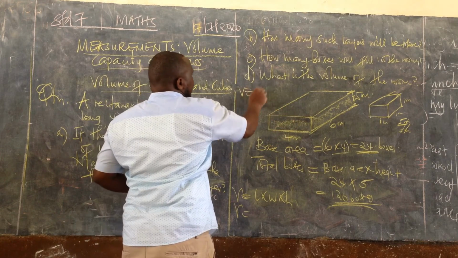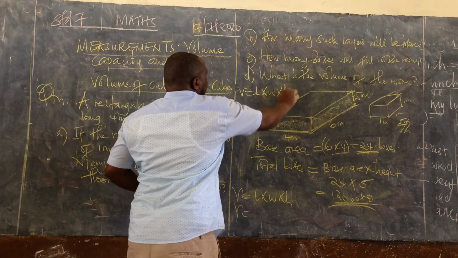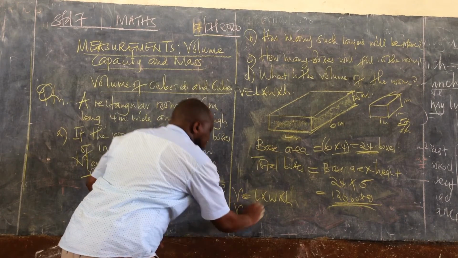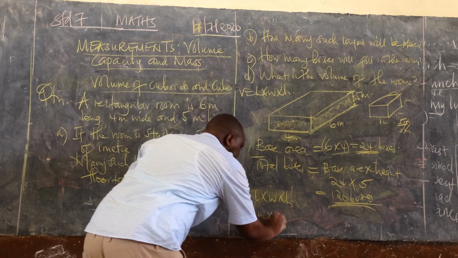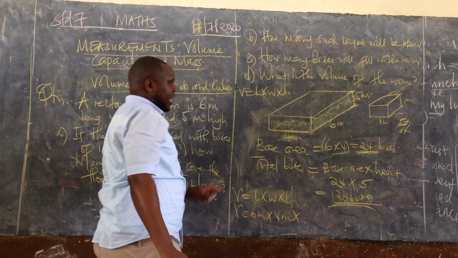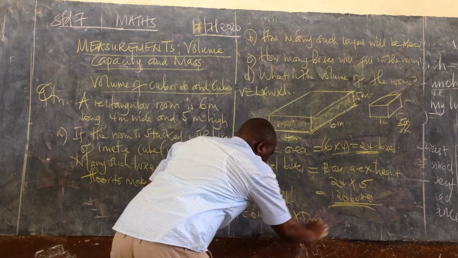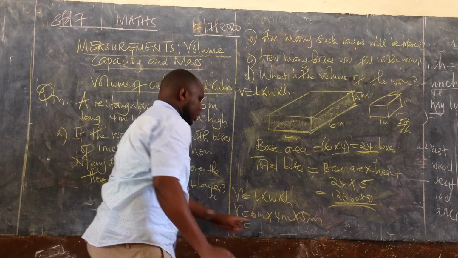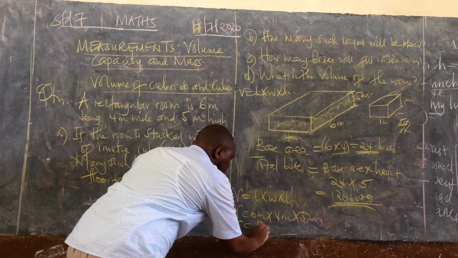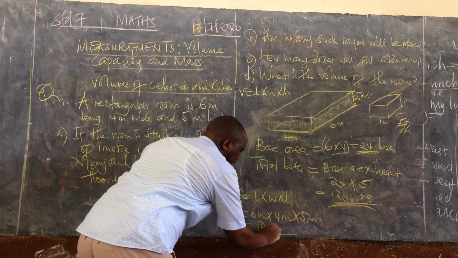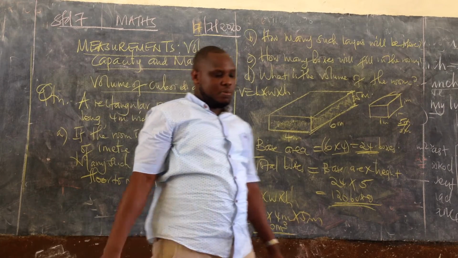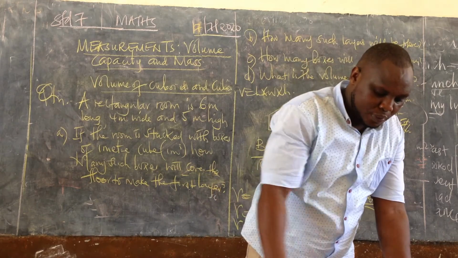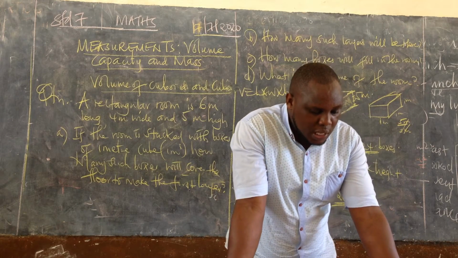So our length is 6 meters times our width is 4 meters times a height of 5 meters. That is 24 times 5, which is 120 cubic meters. So that is going to be the volume of that particular cuboid.